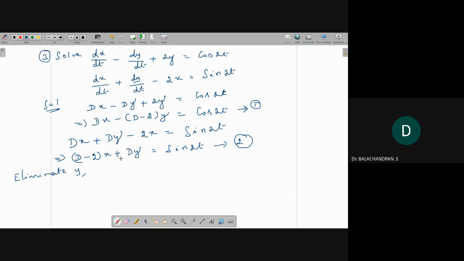So from equations 1 and 2, I'm going to eliminate y. Here I have (D minus 2) into y, here I have D into y. So that's why I multiply the first equation by D, and the second equation by D minus 2.